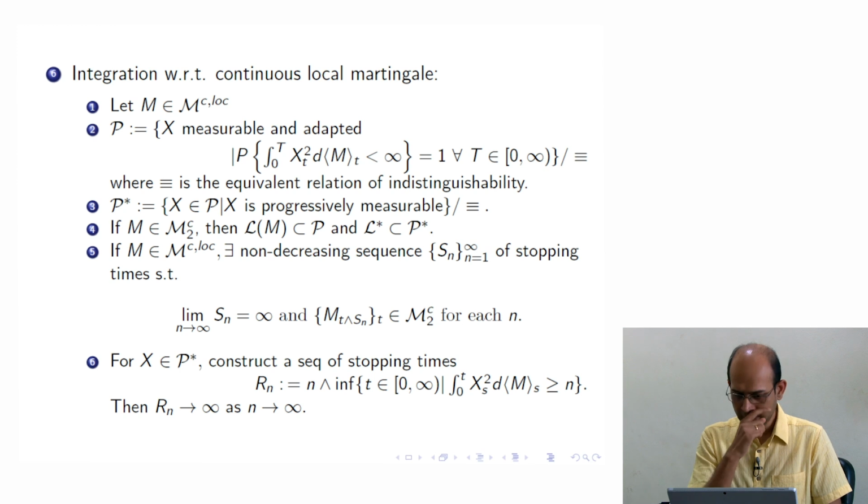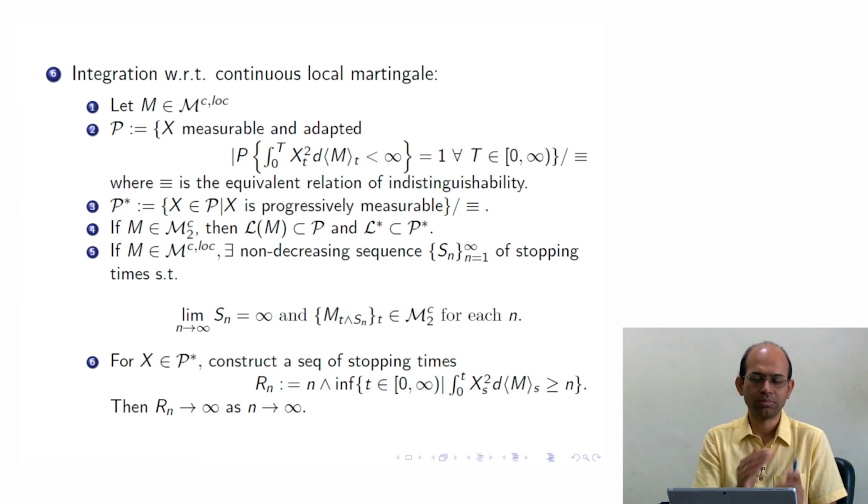So that is the reason for the name, and this Sn is the sequence which is localizing the integrator. Rn, on the other hand, is helping to localize the integrand, in the sense that with respect to this martingale integration, these things remain bounded.